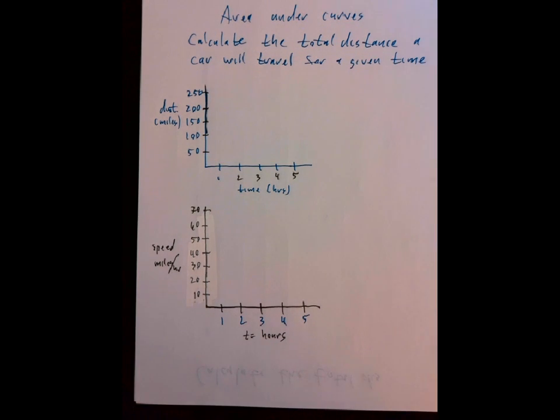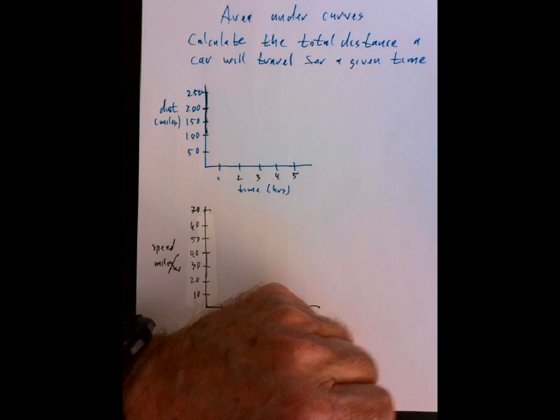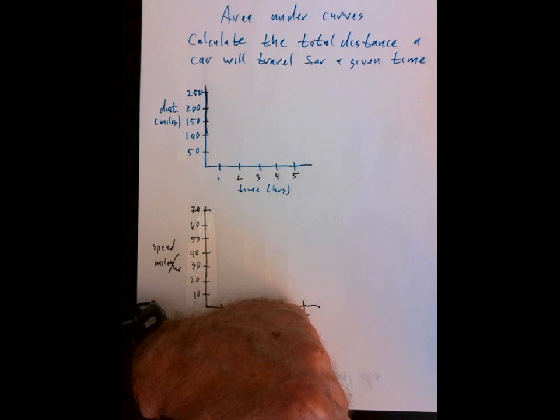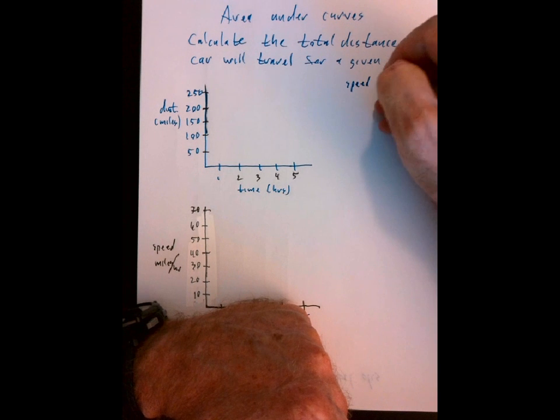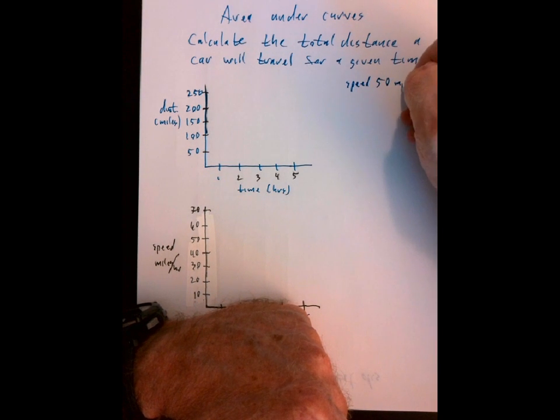So here's a more specific example that we're going to spend a little bit of time on. This has to do with calculating the total distance that a car will travel in a given time. Let's say that we happen to know that this car is traveling at a speed of 50 miles per hour.